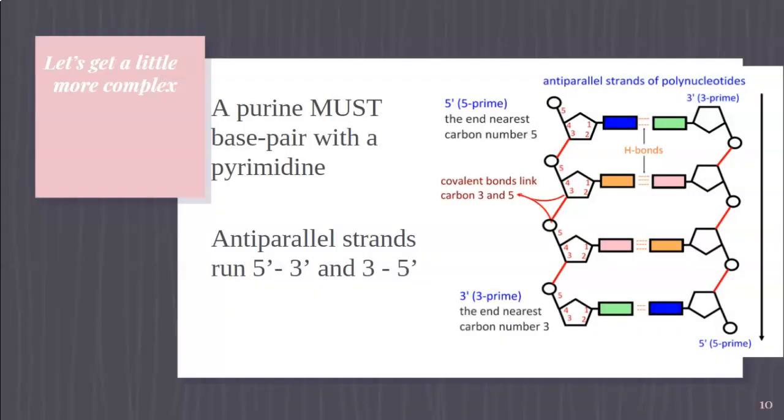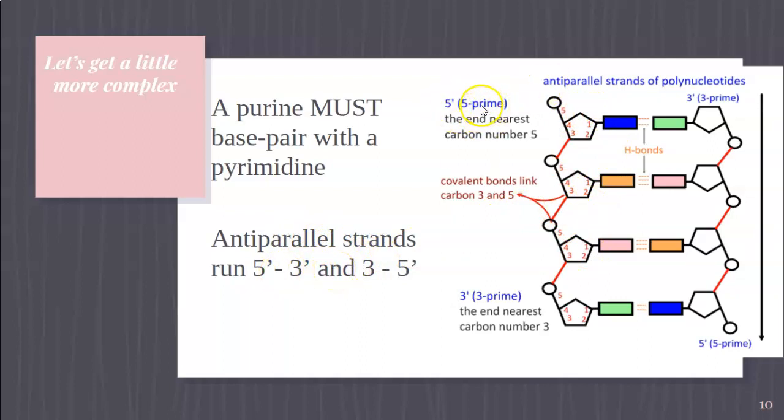So let's talk about this 5' to 3'. Sort of touched on it, but let's get really deep into it. Again, reiterating that a purine must base pair with a pyrimidine. But these strands of nucleotides run in a 5' to 3' direction.